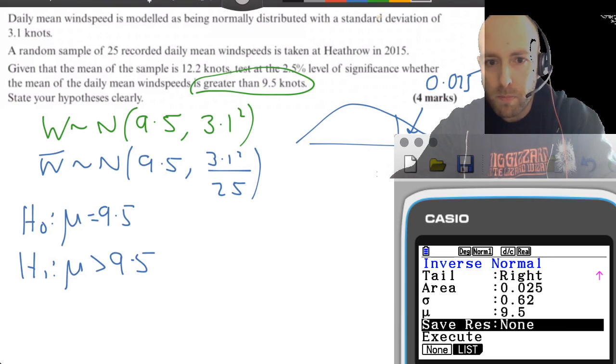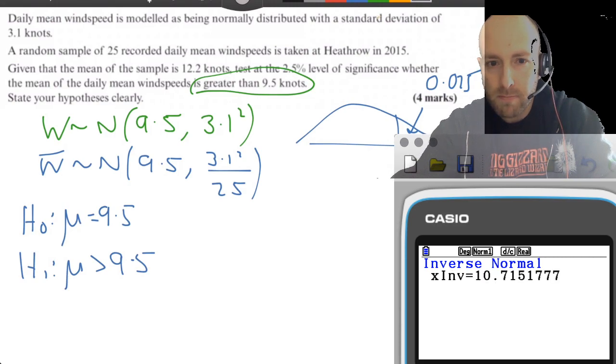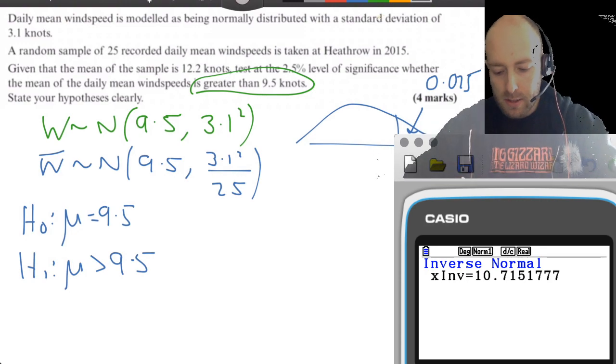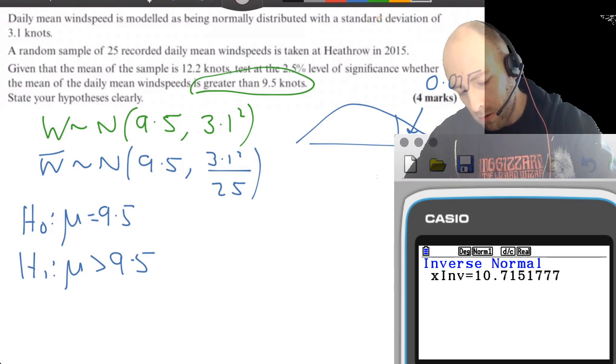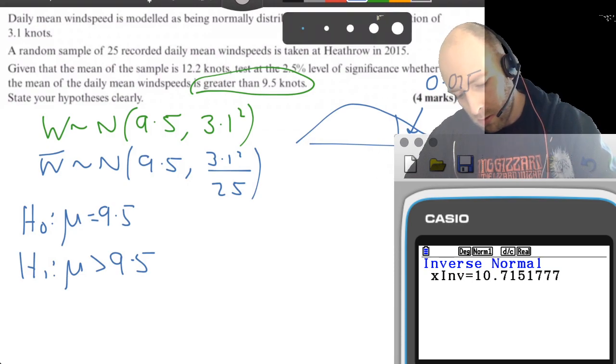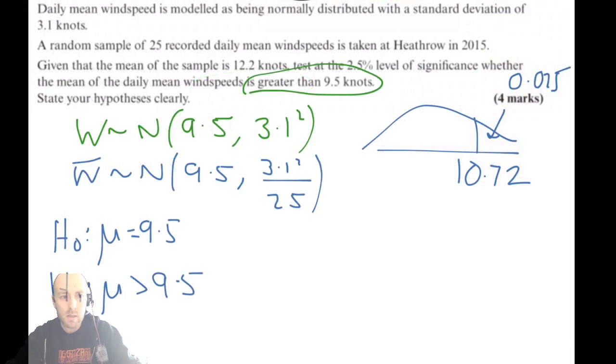Cool, down, execute, and I get 10.72. Cool, hide the calculator.